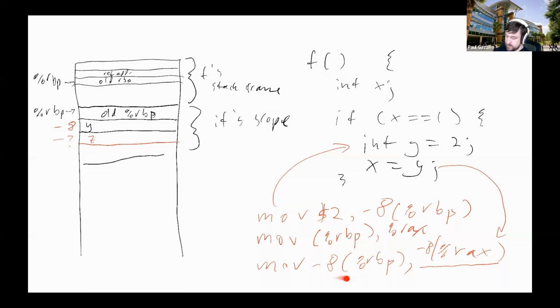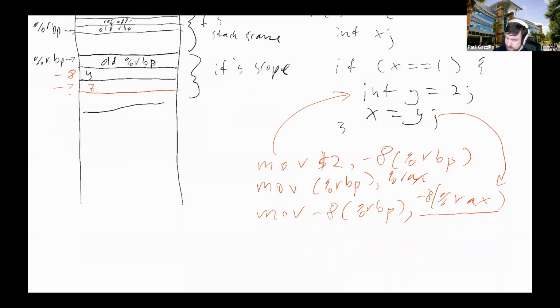This is a little bit tricky to work through, but this operand here is the value of Y, and this is X. We access Y using the current base pointer because it's in the current scope, and we access X using the parent scope's base pointer, which we get from the current scope's base pointer.